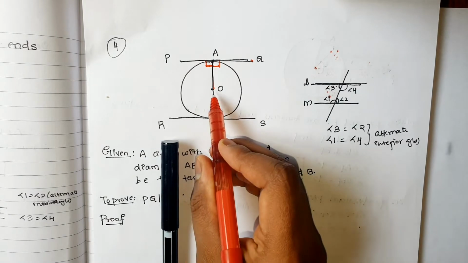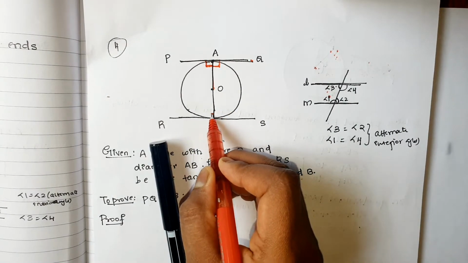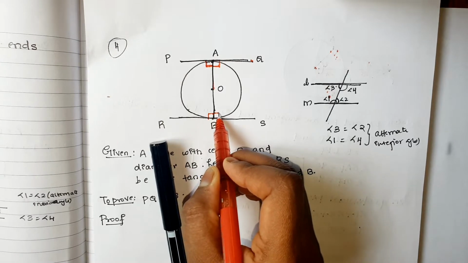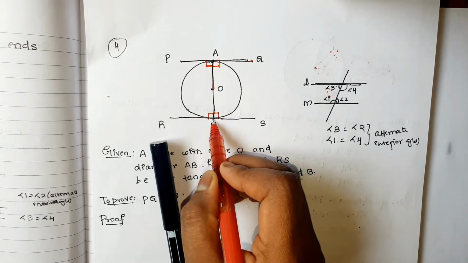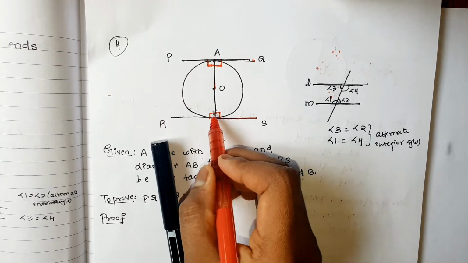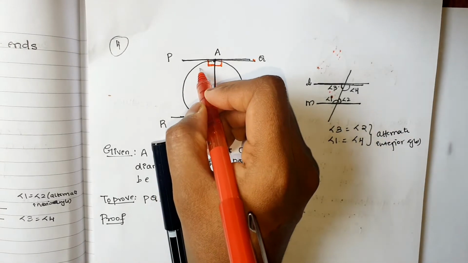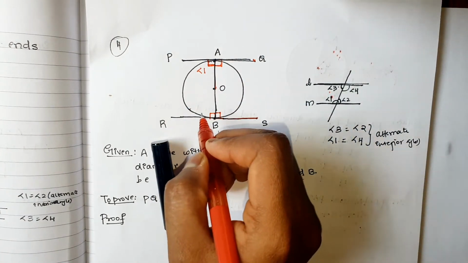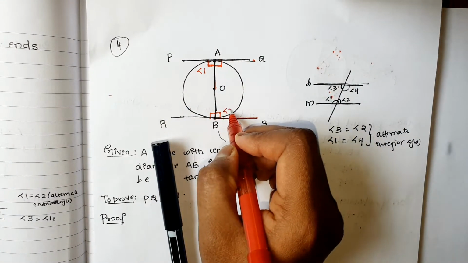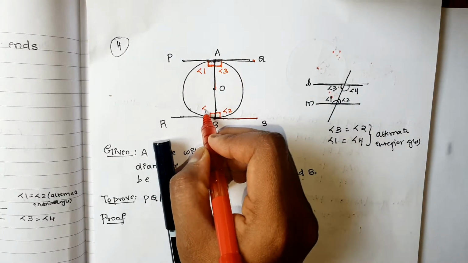Here also OB is the radius and RS is the tangent. So this is 90 degrees and this is also 90 degrees, because this is the same tangent. So we can name this as angle 1, this is angle 2, this is angle 3 and this is angle 4.